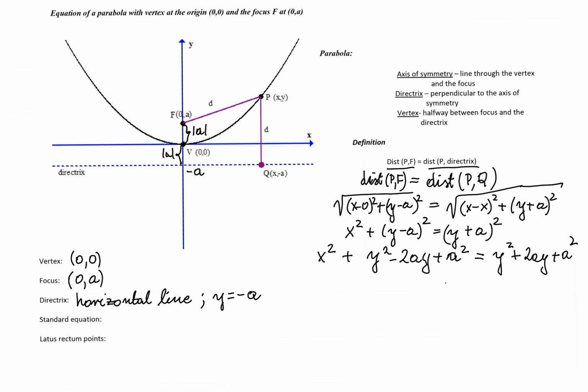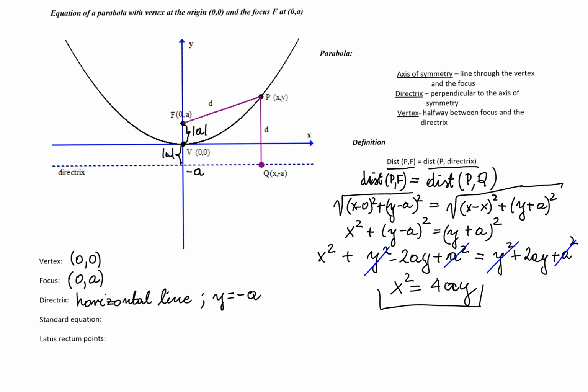Since we have the same terms on the left and on the right, subtracting them from both sides will remove them from the equation. Sorry, x squared is not going to get removed, y squared is going to be removed. And the equation will become x squared is equal to 4ay.